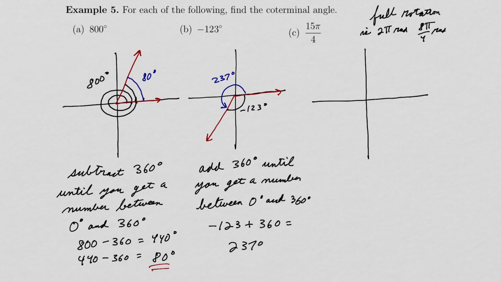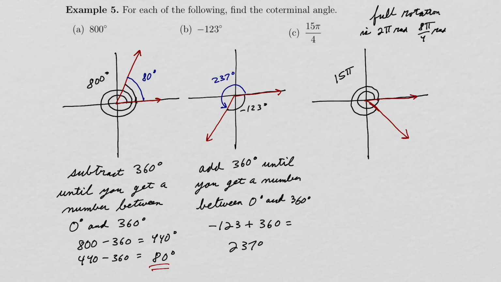So to get to 15/4 pi, I need to rotate 2 pi, or 8/4 pi, and then another 7/4 pi, so that's going to be to here. I start at the positive x-axis, and I want this angle right there.